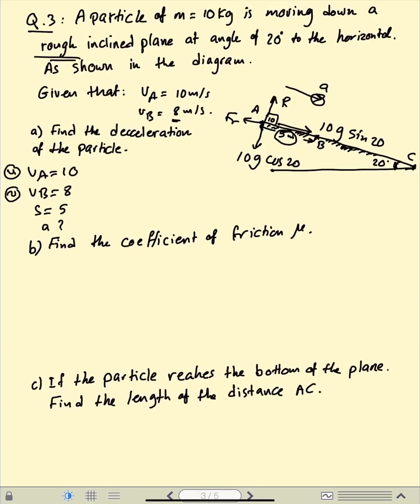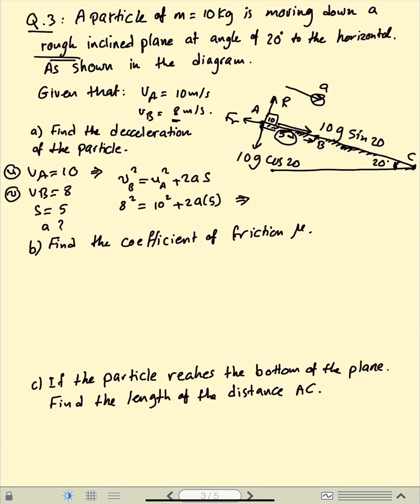So the formula that helps us is V squared equals U squared plus 2aS. V squared, which is V at B, is 8, and V at A, which is U, is 10, so it's 10 squared plus 2 times a times 5.